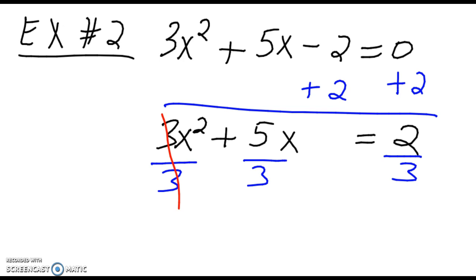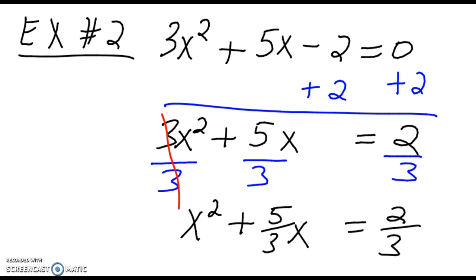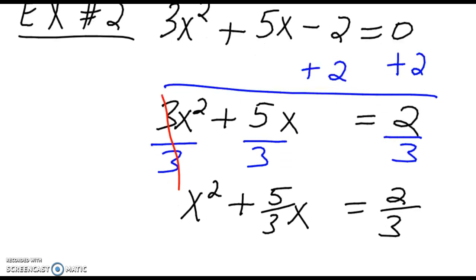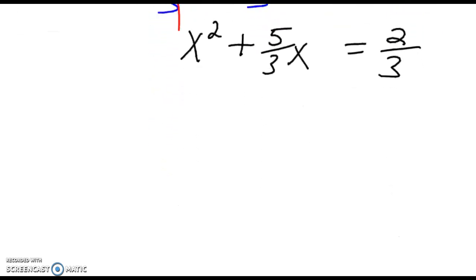So then we have x squared plus 5/3 x equals 2/3. And now we can go through our process of taking half of the middle coefficient, and squaring it. So this is our middle term, its coefficient. We want to take half of 5/3.